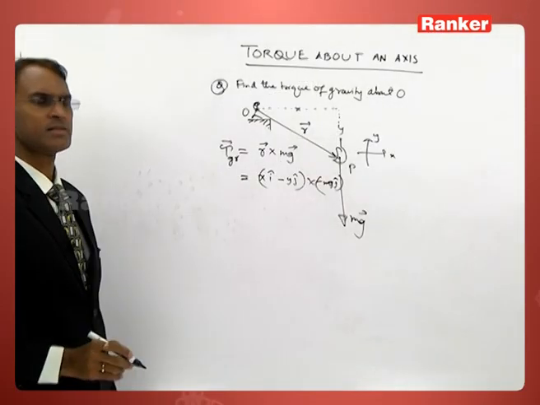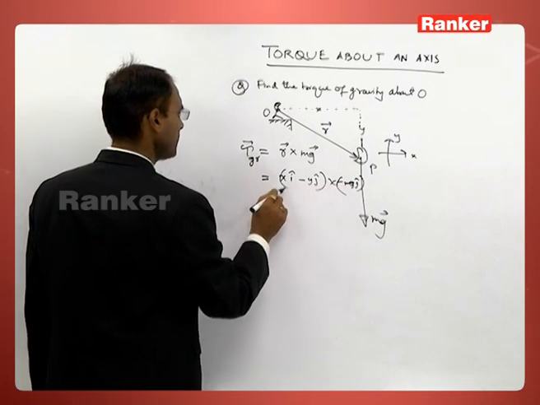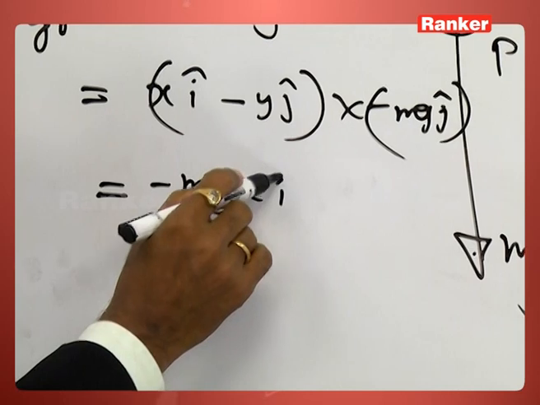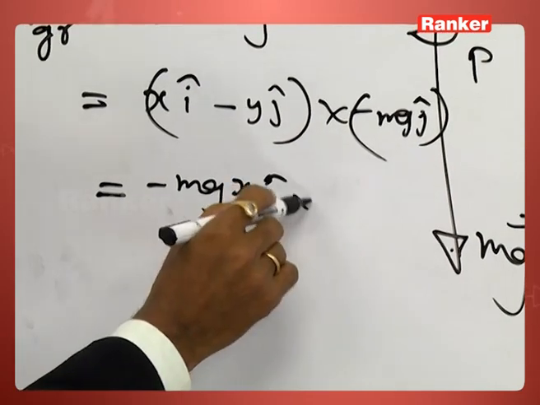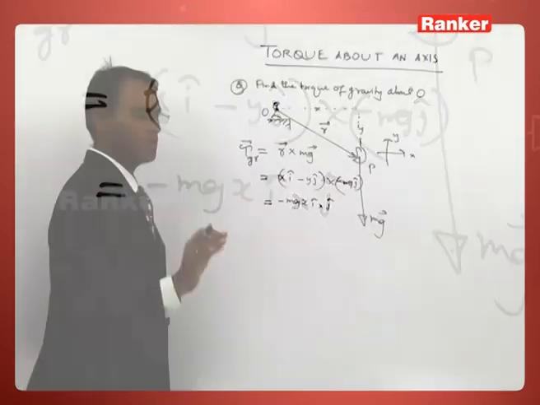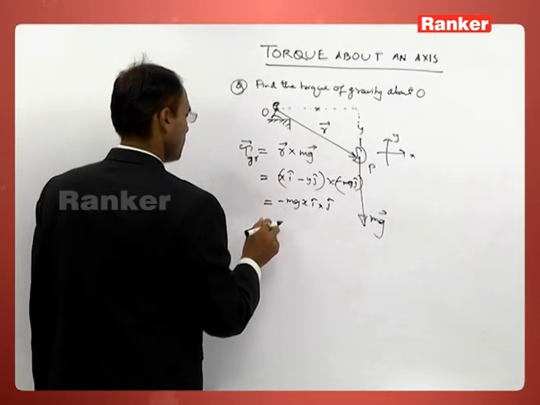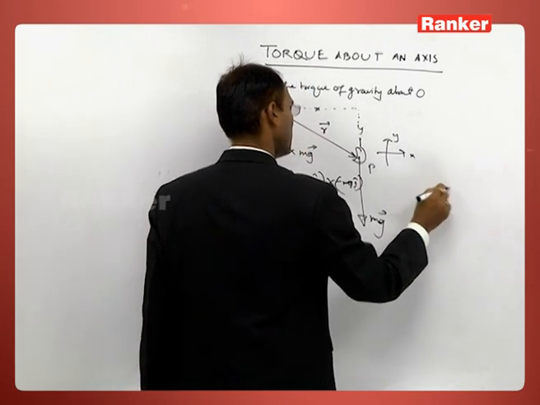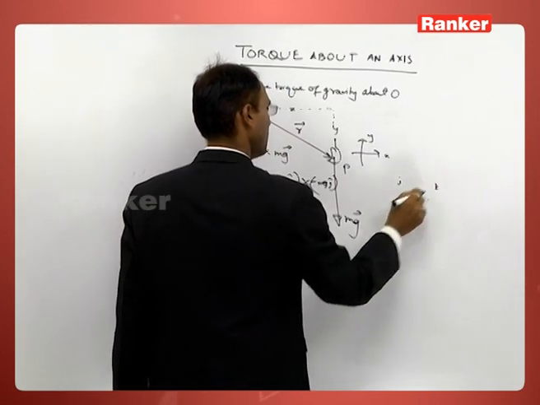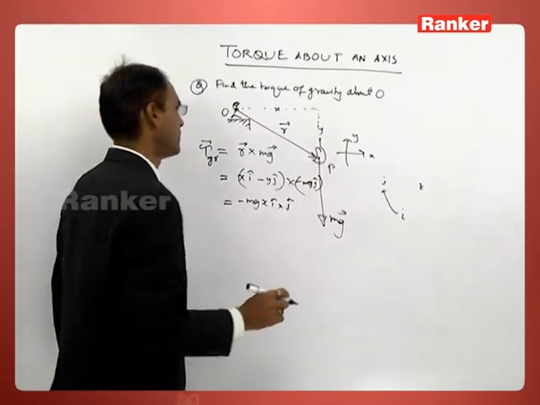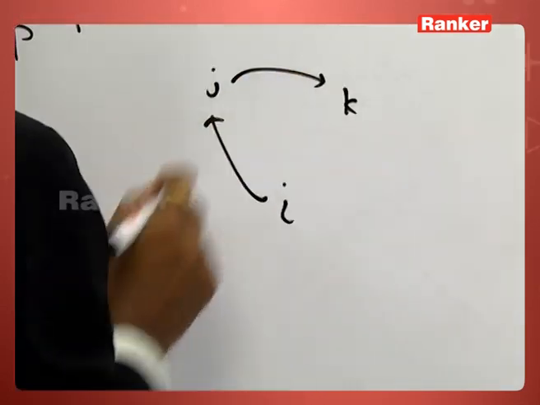You can write like this: minus mgx, i cap cross j cap, and j cap cross j cap is 0. You know that i cap cross j cap is equal to k cap.